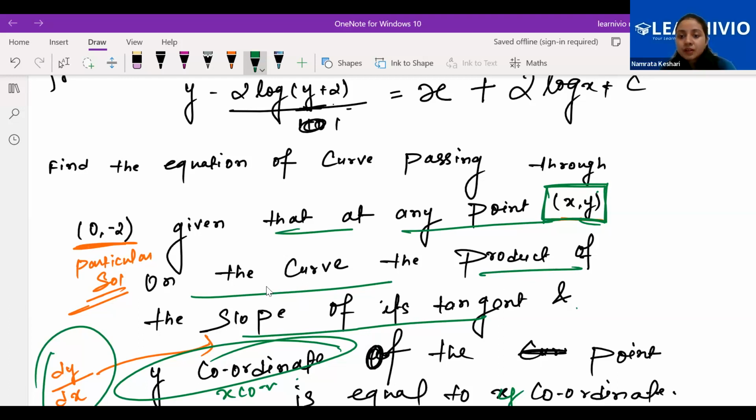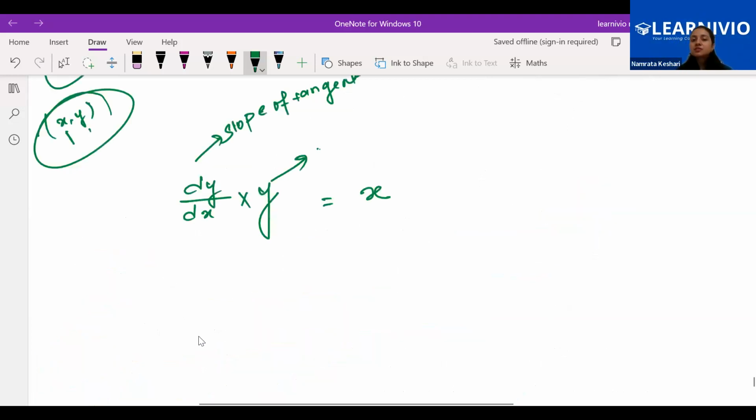Yes, ma'am. Instead of product, sum or difference can be there. So read it carefully. Product means multiplication, sum means addition, difference means subtraction. We just make the differential equation from the statement, then focus completely on solving it, and find the particular solution by taking the given point, 0 comma minus 2. I'm leaving it because this is very simple.